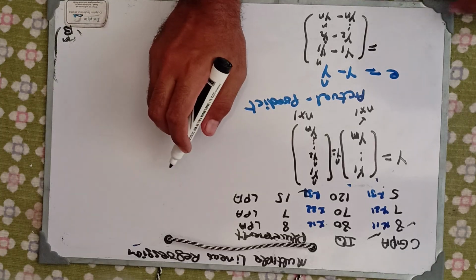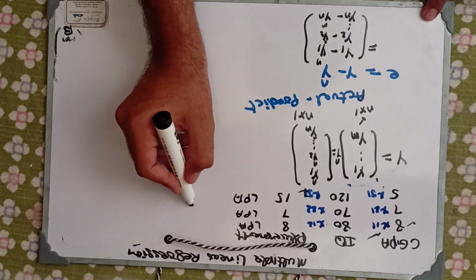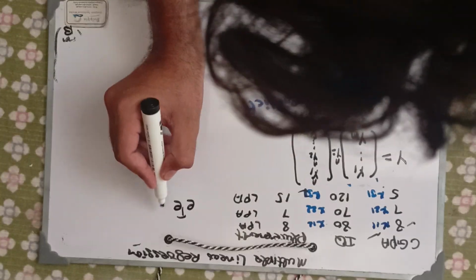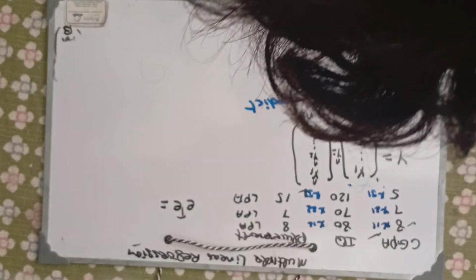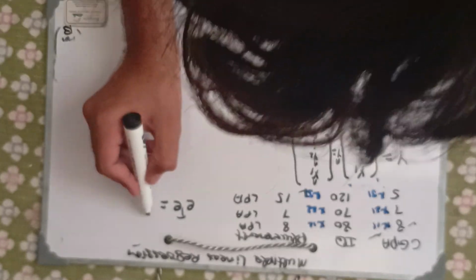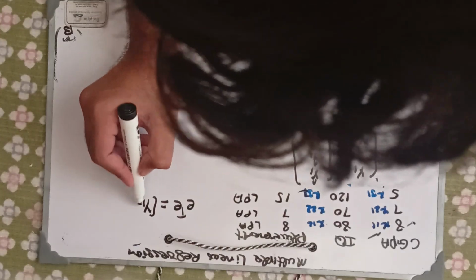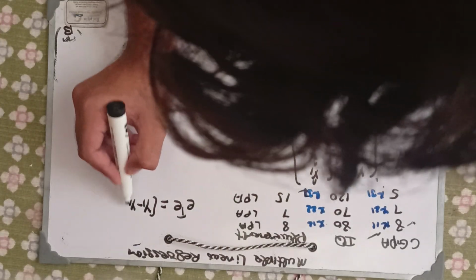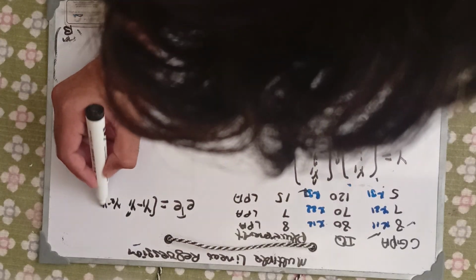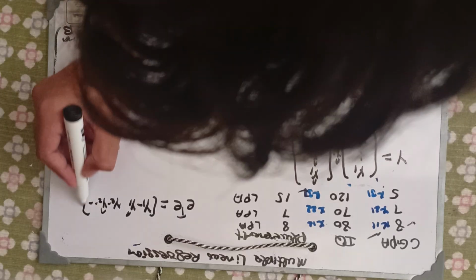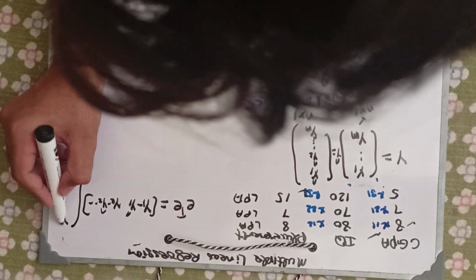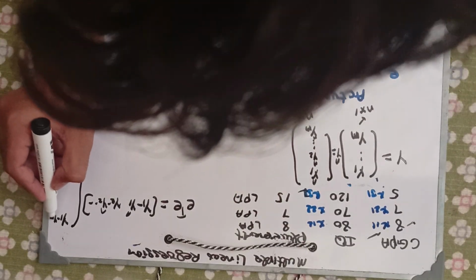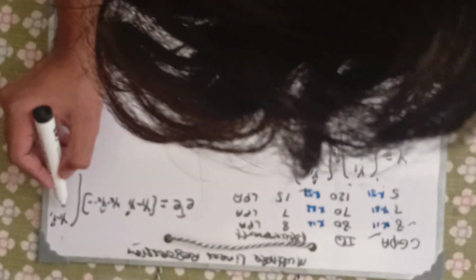So if I transpose it, meaning I write E transpose of E, the transpose will be converted to a row, so it will be y1 minus y1 hat, then y2 minus y2 hat, up to yn minus yn hat, and we multiply it with the column without the transpose.